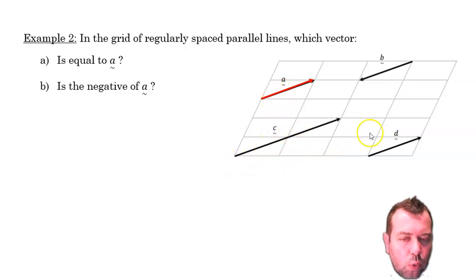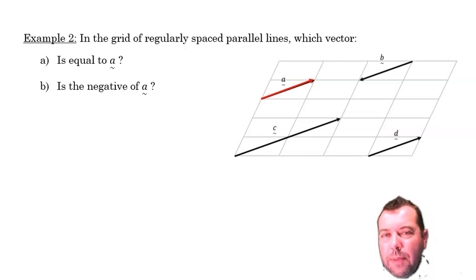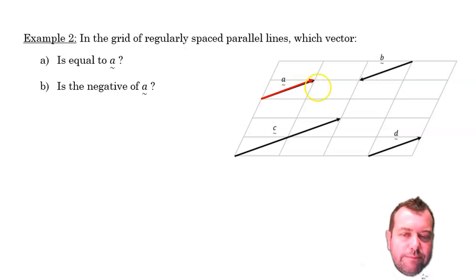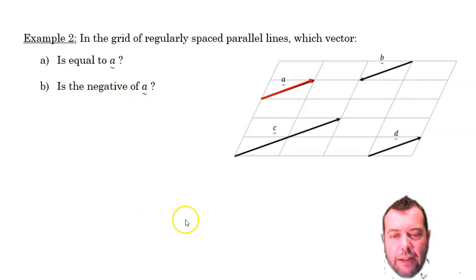It's gone twice as far, but maintains the direction. Now, if I multiplied A by -1, multiplying by -1 doesn't change the magnitude of a number, just the direction. So the negative of A is going to look more like this, and that, of course, is going to line up neatly with B. So B is the negative of A.